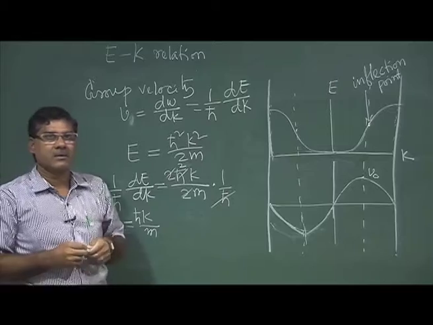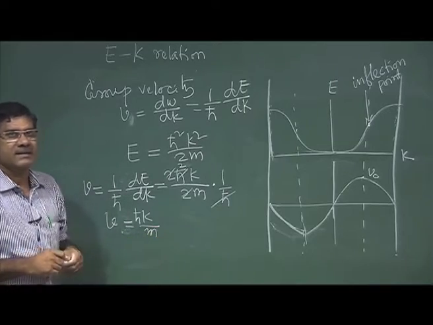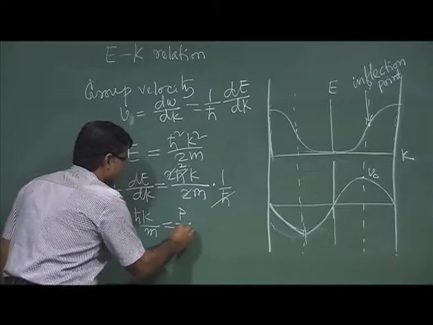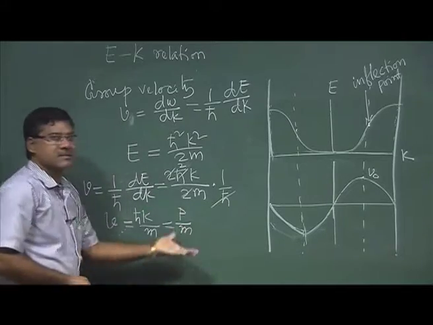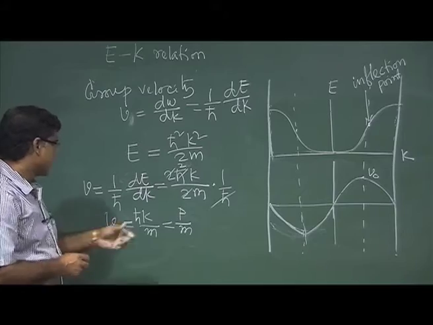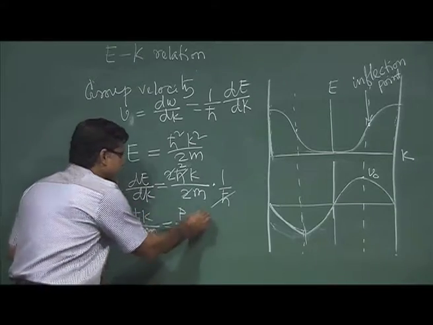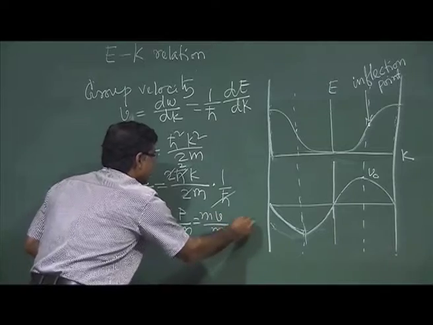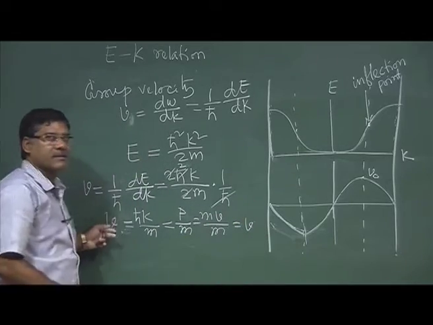For a free electron, what is h cross k? That is the momentum p. So, p by m. So, this is just the free electron, right. p is mv, divided by m, it is v.